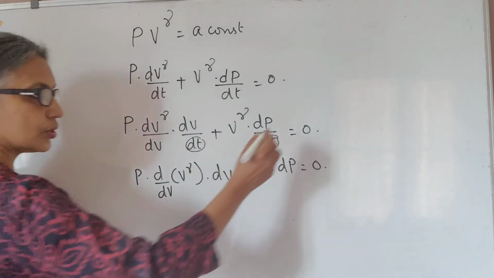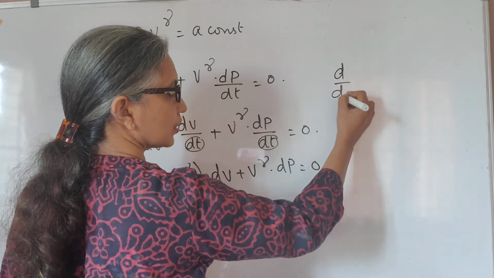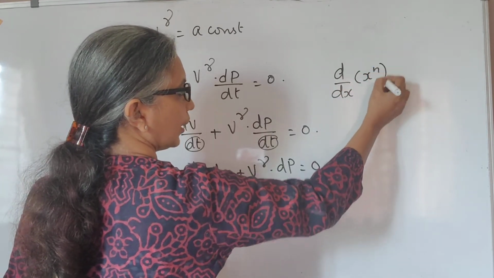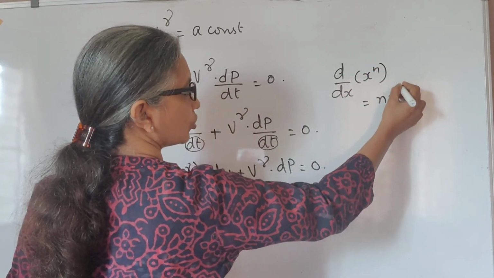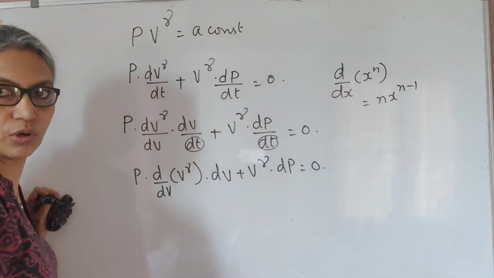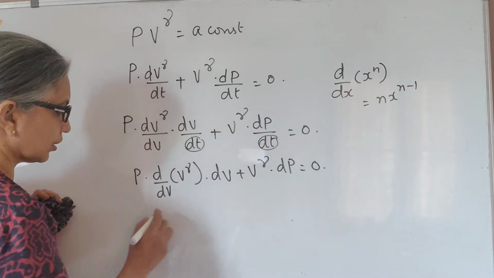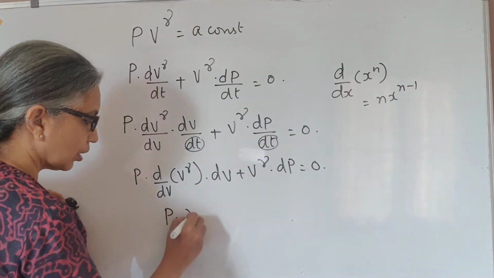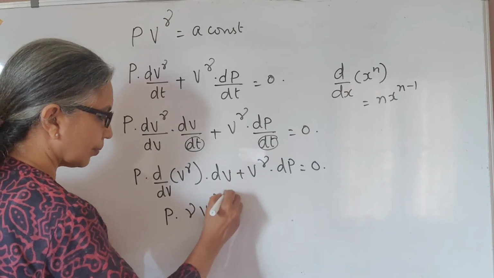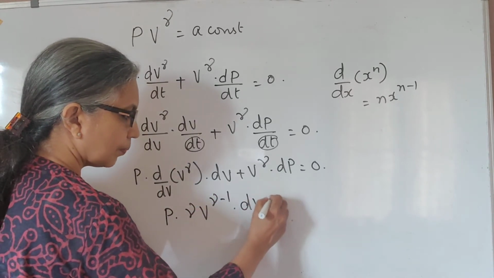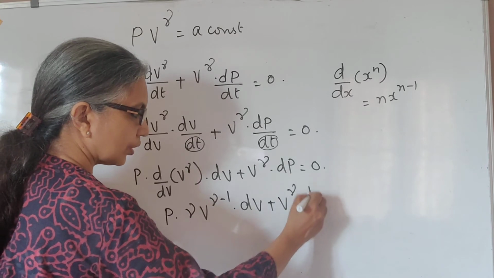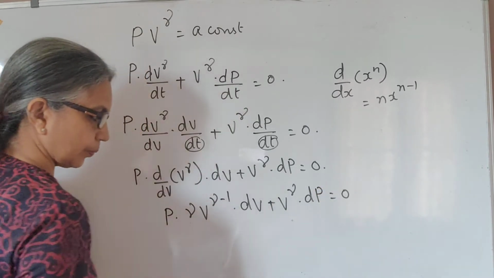Now I may use d by dx of x raised to n is equal to n into x raised to n minus 1, which you already know. So I'm using that and writing P into gamma into V raised to gamma minus 1 into dV plus V raised to gamma into dP equal to 0.